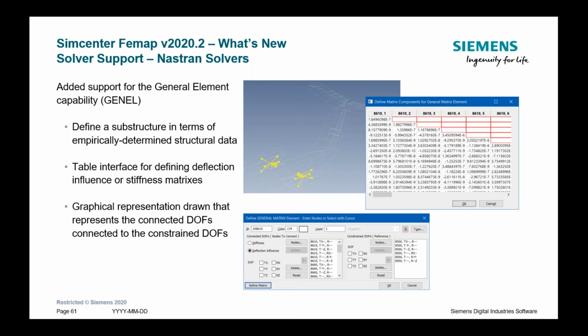It's almost like an element that acts like a DMIG; DMIGs and GENELs are somewhat similar but different. Basically these have connection points, and at the connection points you can choose which degrees of freedom are involved at each connection point. There's also a define matrix button which you can click, and it pops open another dialog box where you'll see the actual matrix values.